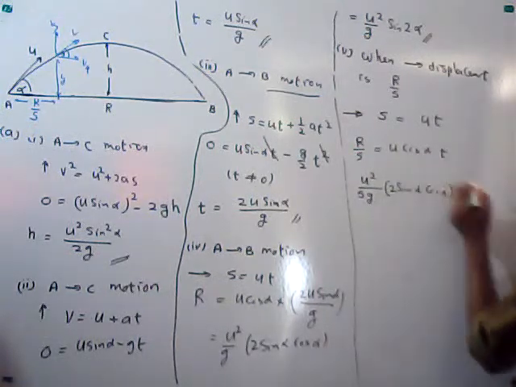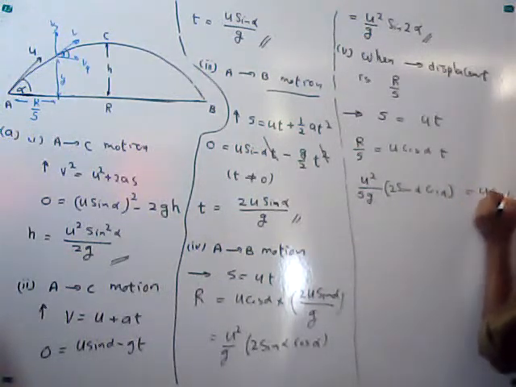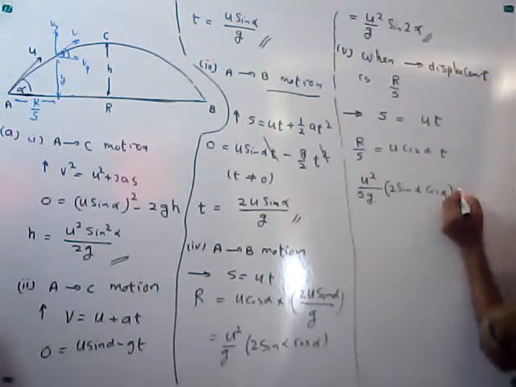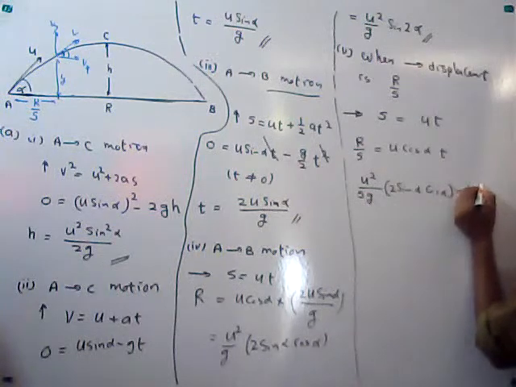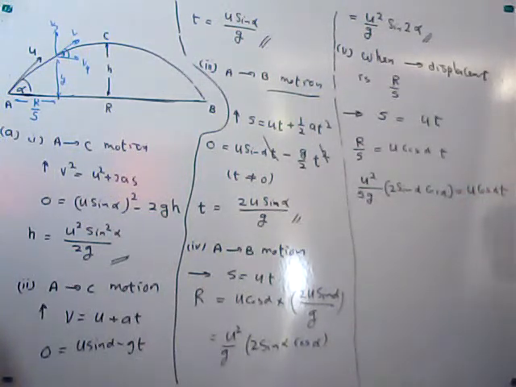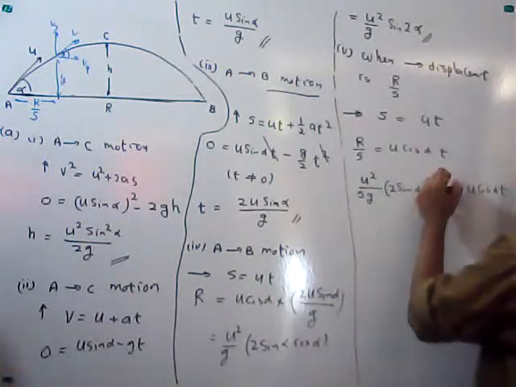On the other side, you see u cos alpha t. So cos alpha will get cancelled.